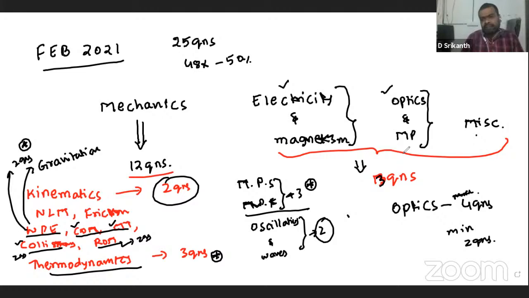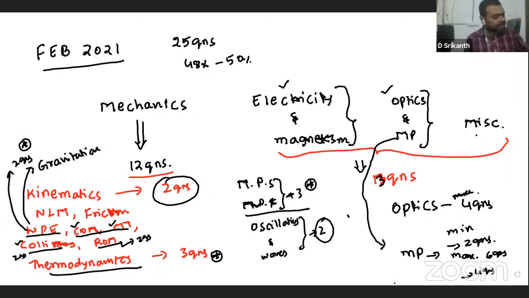And in the modern physics part, the maximum is 6 questions, the minimum is 4 questions, where most of the students in entire India will concentrate. They will concentrate on these 4 questions.